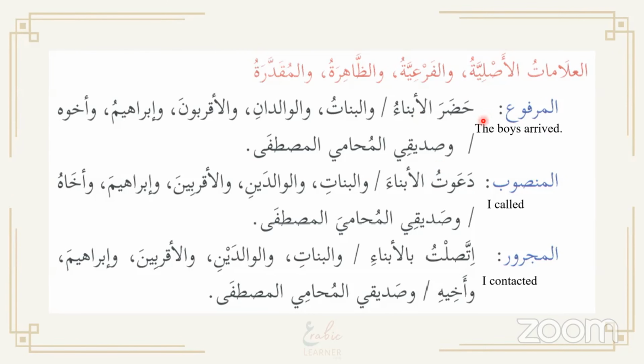Hadara al-Abna'u means the boys arrived, or came, or were present. In the same way for mansub, you say da'utu ala bina'a, and for majrur, ittasaltu bil abna'i. Ittasaltu means I contacted the boys.